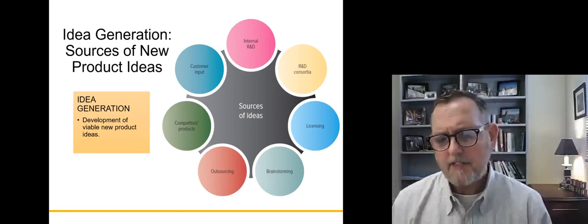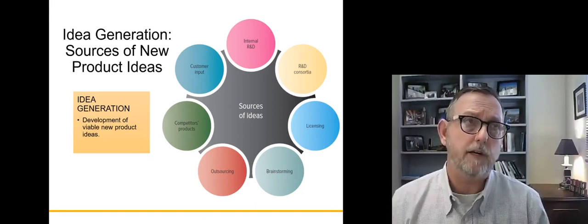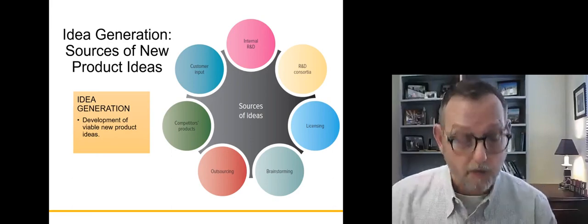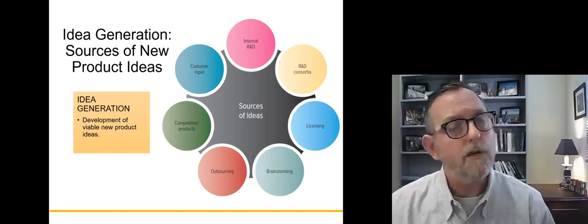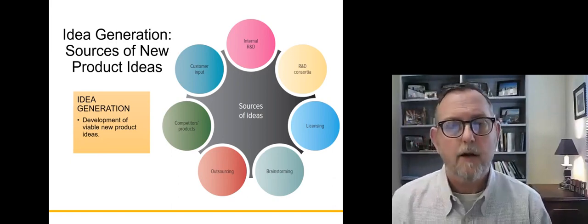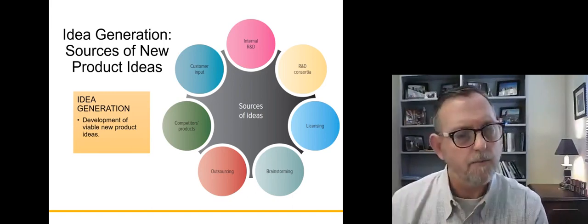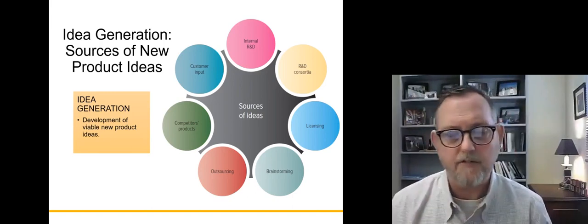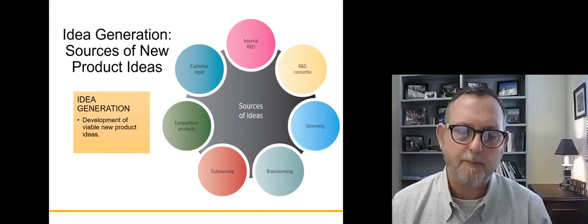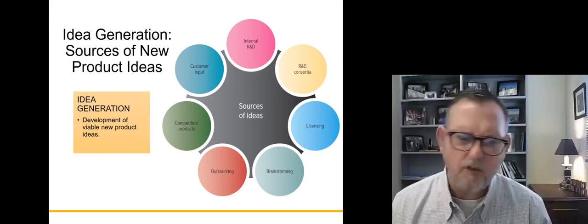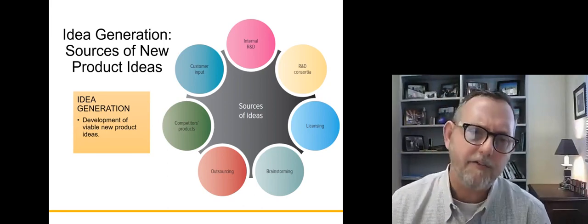Step number 1 is the idea generation stage. Basically the idea is you want to come up with a lot of different new ideas that could eventually translate into a product. So where do those ideas come from? We talk about sources of ideas, and you can pause this if you want, there's a whole bunch of different areas and ways, and a bunch of different techniques for brainstorming and coming up with new ideas.